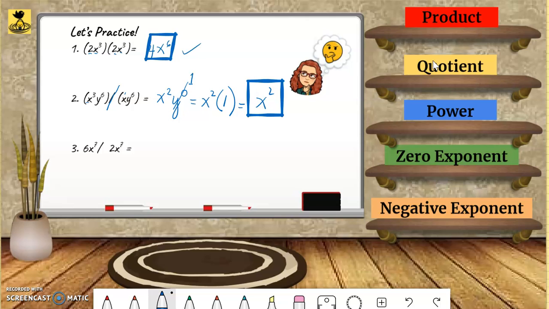Okay, so number 3 is also a division. If you notice, there's a fractional bar. So we can rewrite it like this, even. 6x raised to the power of 7 over 2x to the power of 7. So division, 6 divided by 2 is equal to 3.